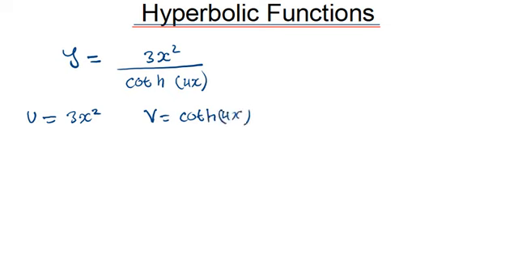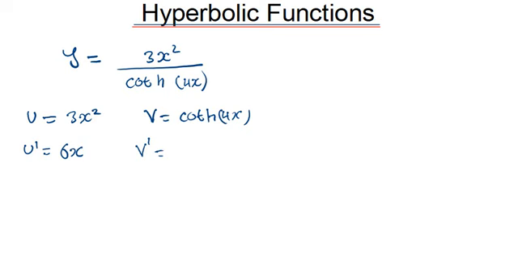Okay, so I need to find what the u prime, or du dx, is. That will give us 6x there. Then our v prime, which is just basically the derivative of the hyperbolic cotangent of 4x. And we can write this in three forms.